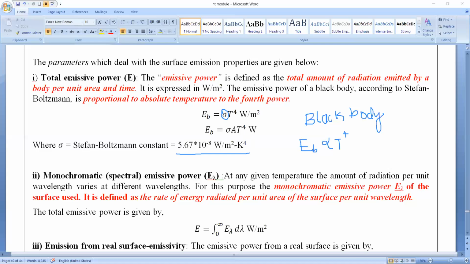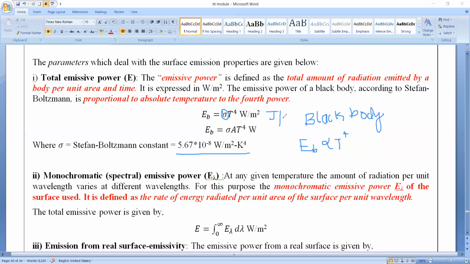Now the total emissive power, how to define it? It is the total amount of radiation emitted by the body per unit area per unit time. The thermal energy emitted by the body per unit area, that is meter square, per unit time, that is seconds. So what is the unit of energy?